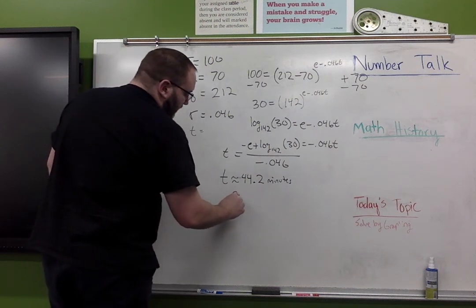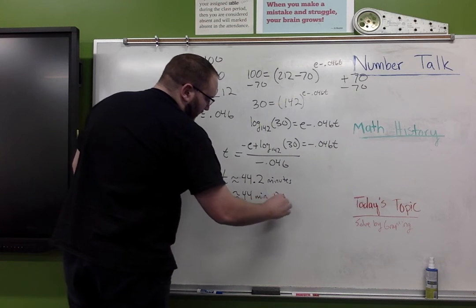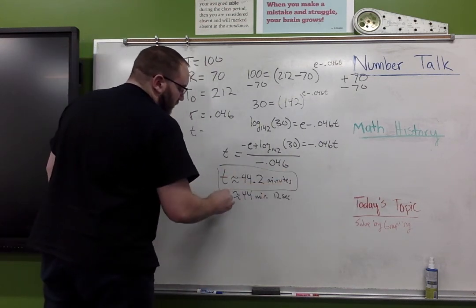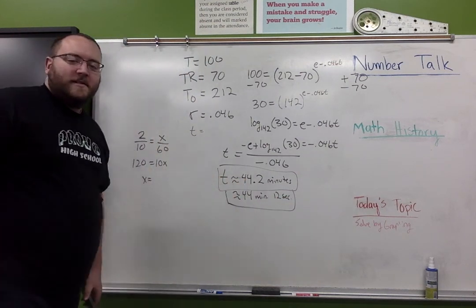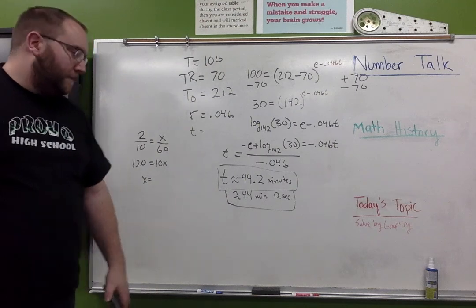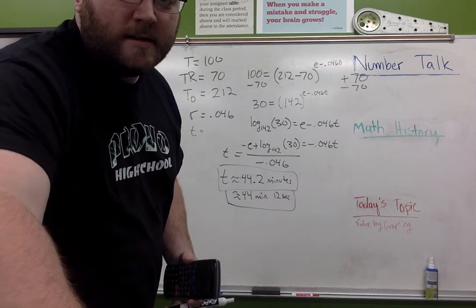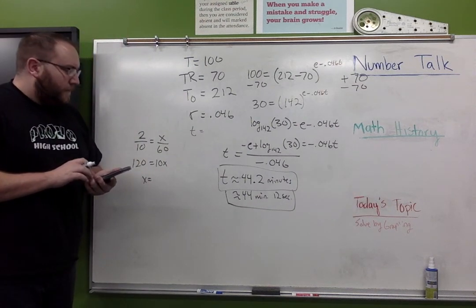So you can also say it is equivalent to 44 minutes and 12 seconds. But these are your answers. This one's probably a little easier to write. Is this still going? Okay, I thought I accidentally clicked the pause button. And that's it for that one.